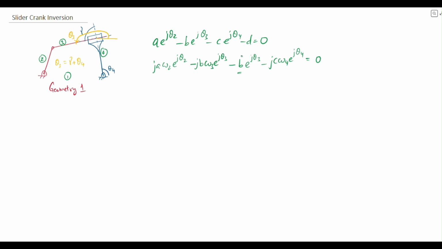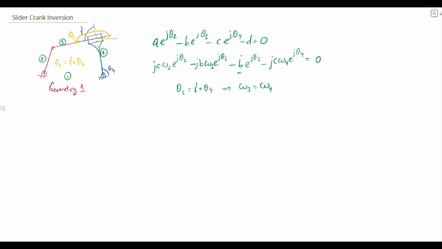So the b length was changing, and we said we need three equations to solve for various unknowns, and then we used the idea that theta 3 is gamma plus theta 4, so omega 3 should be equal to omega 4.